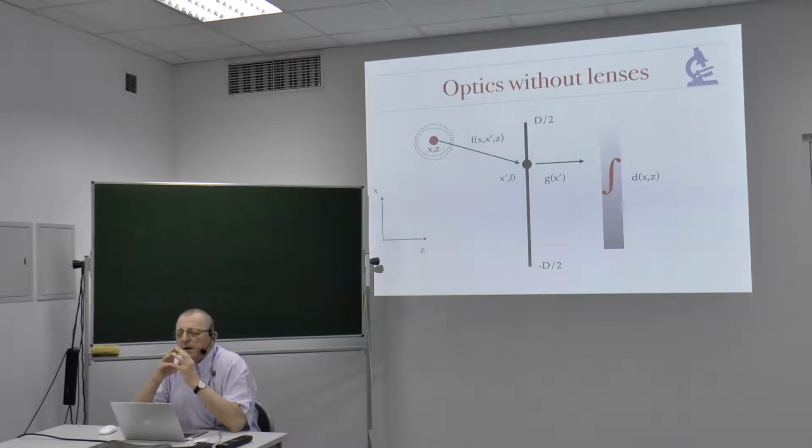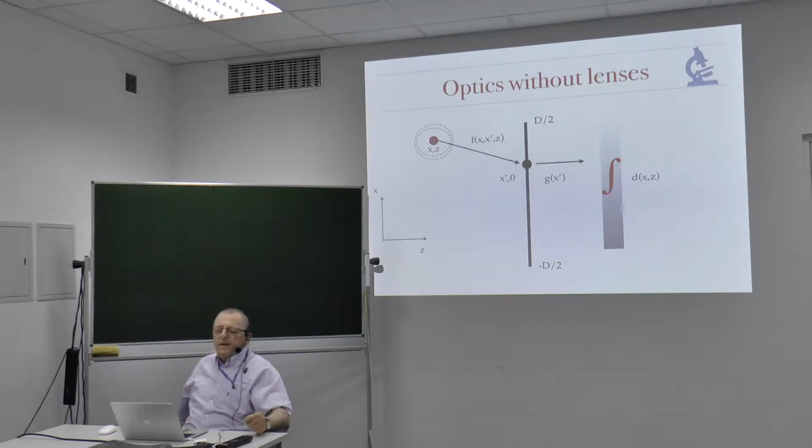Therefore, I will be concentrating in this sketchy calculation only on the phase of the electromagnetic radiation. And I can calculate the phase of electromagnetic radiation hitting the lens by multiplying it by a certain function, which will depend on what? It can only depend on the point of the emitter, the point where it hits the lens, and the distance z. So it's a function of these three variables.